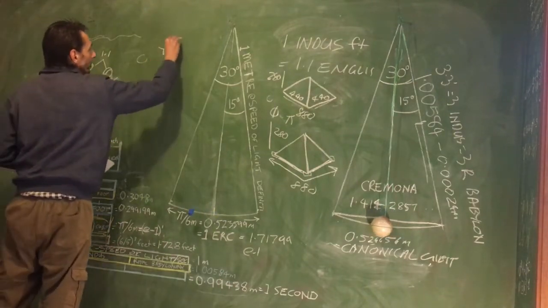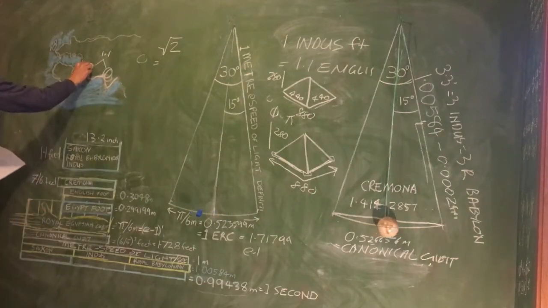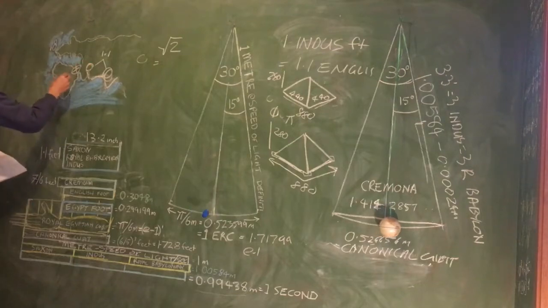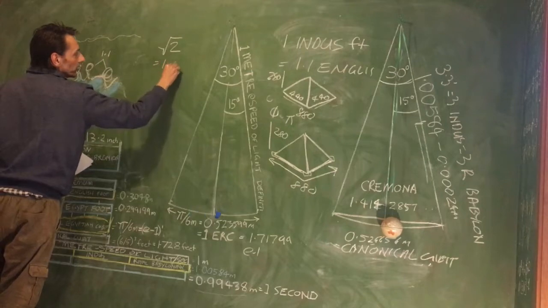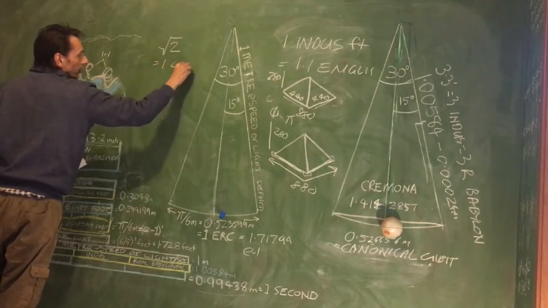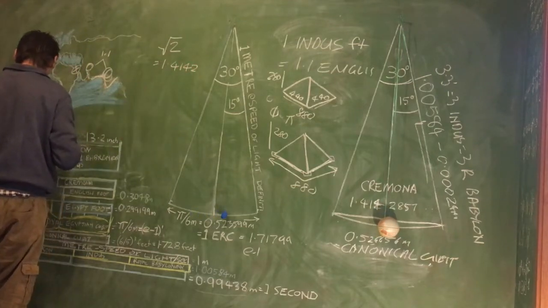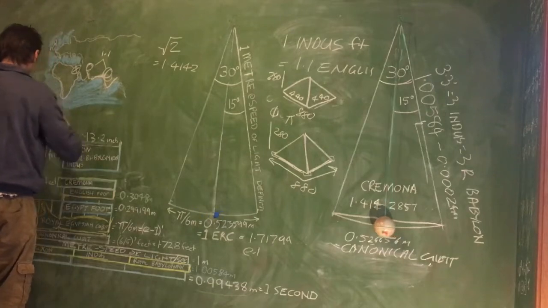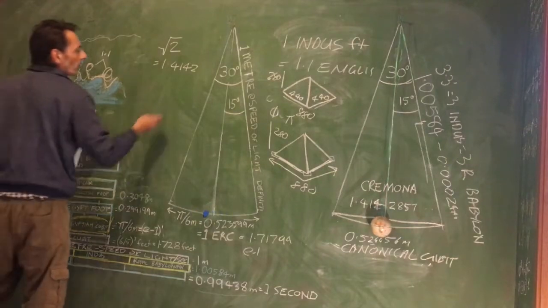So the square root of 2, which was known about in ages back past, so Plimpton 322, square root of 2 equals 1.4142. Where is that? I think it's in 135.